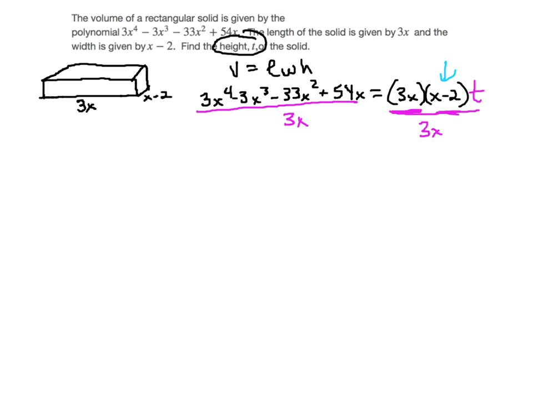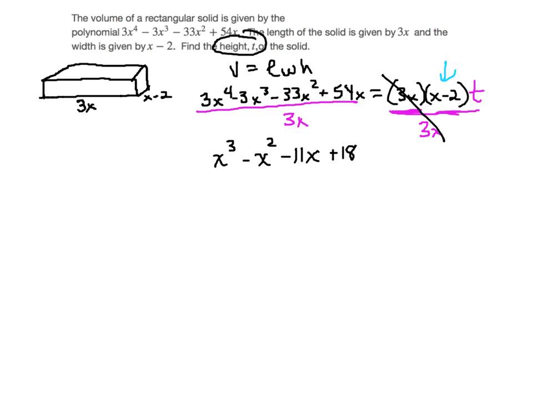3x to the 4th divided by 3x leaves me with x cubed. Negative 3x cubed divided by 3x leaves me with negative x squared. Negative 33x squared divided by 3x leaves me with negative 11x. And positive 54x divided by 3x leaves me with positive 18.